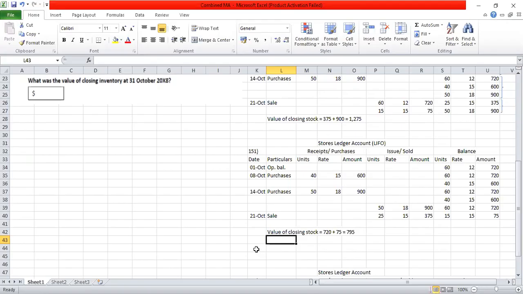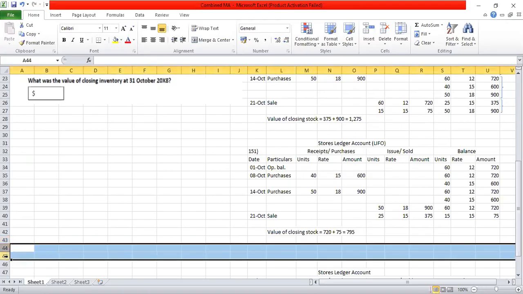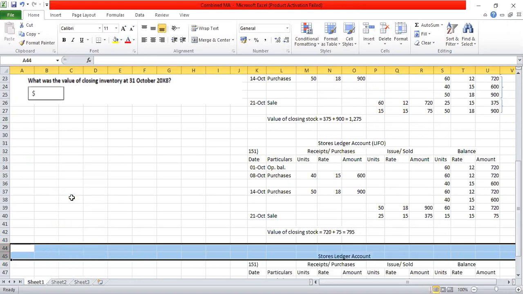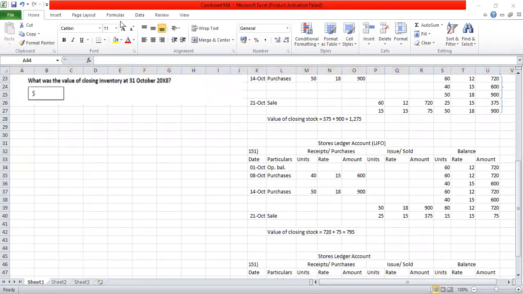The next one is weighted average. So how do we account for weighted average? Ma'am, in that LIFO method, the total answer is 945. The value of closing stock will be 945. Where did I make a mistake?